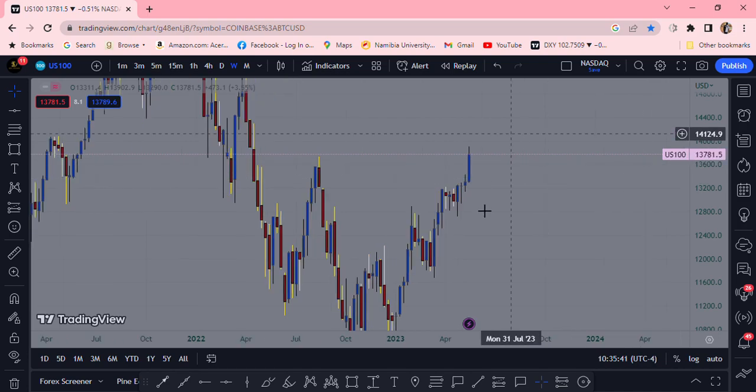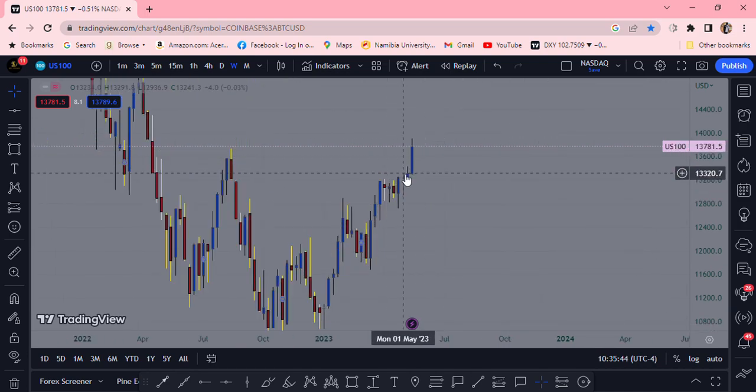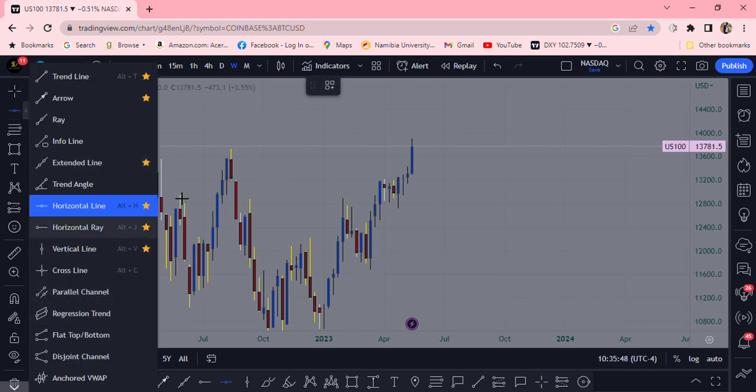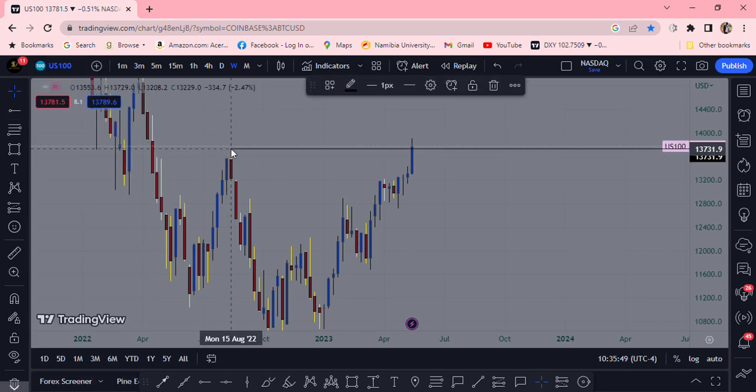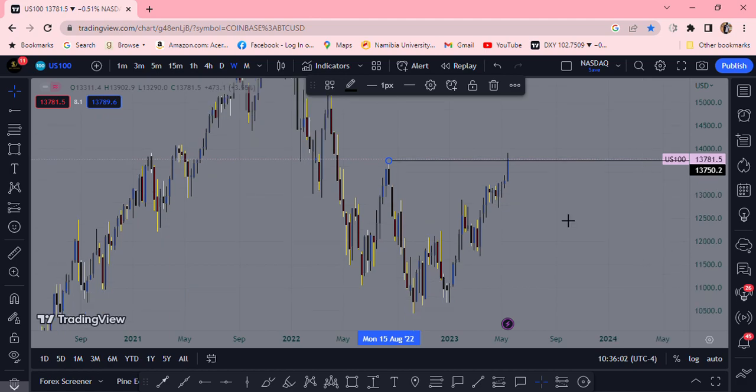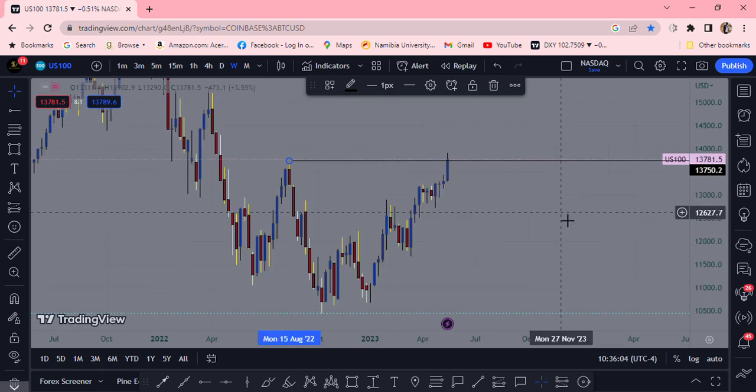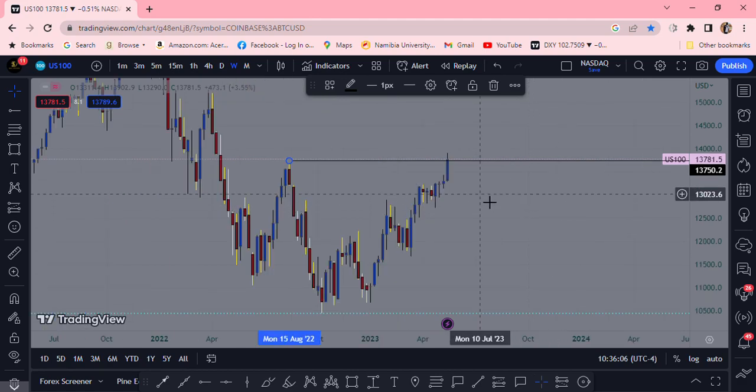Since last week, from the 14th, I determined that the market was actually going to draw to 13,751. That was my price for the week. So for that whole week, I was just focused on buys. No sells. My intention in the market was just to look for buys, nothing more.